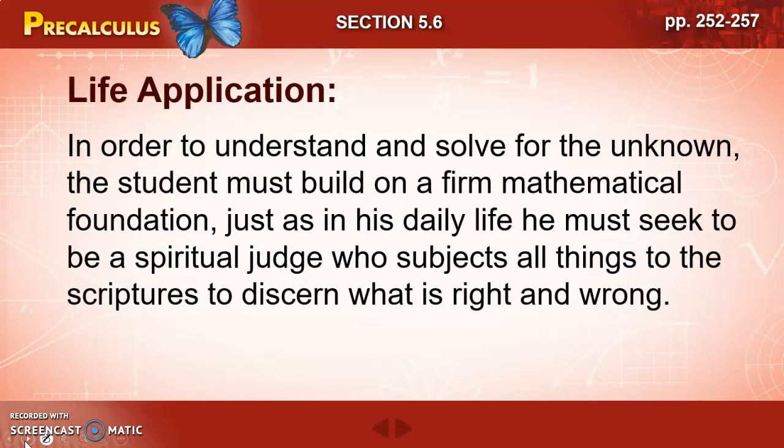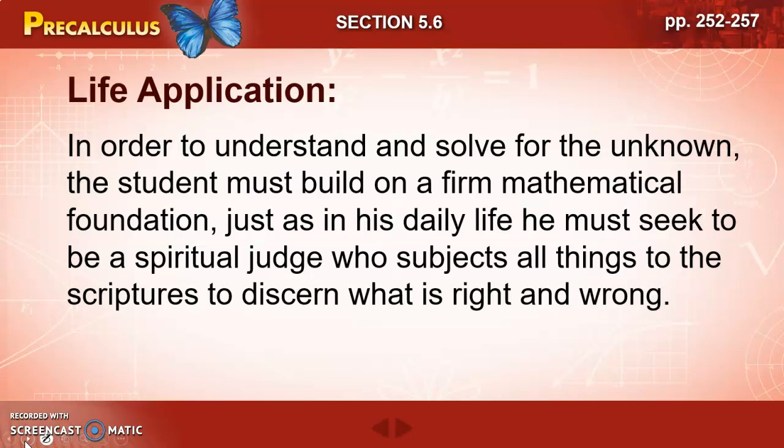Our life application for this unit continues to be that in order to understand and solve for the unknown, the student must build on a firm mathematical foundation. Just as in his daily life, he must seek to be a spiritual judge who subjects all things to the scriptures to discern what is right and wrong. We need identities. We need a firm foundation of things that are always true on which we can base our mathematical processes. Many mathematicians accept that these mathematical identities are true because they've been proven time and time again, and have a harder time accepting spiritual truths.